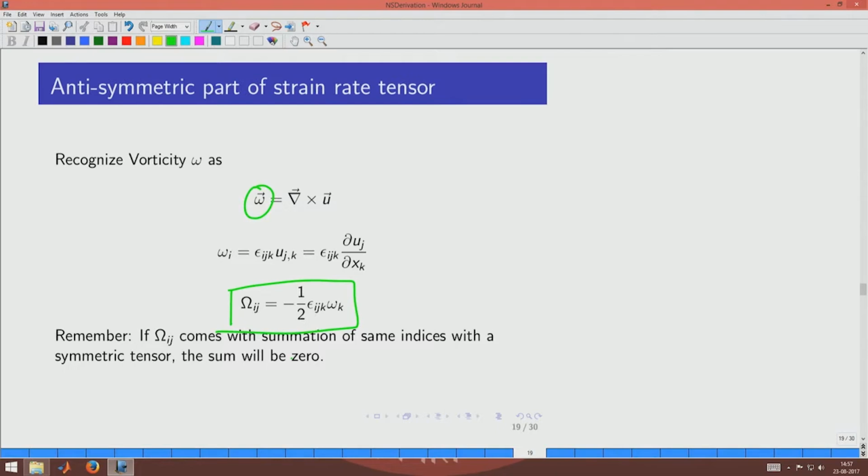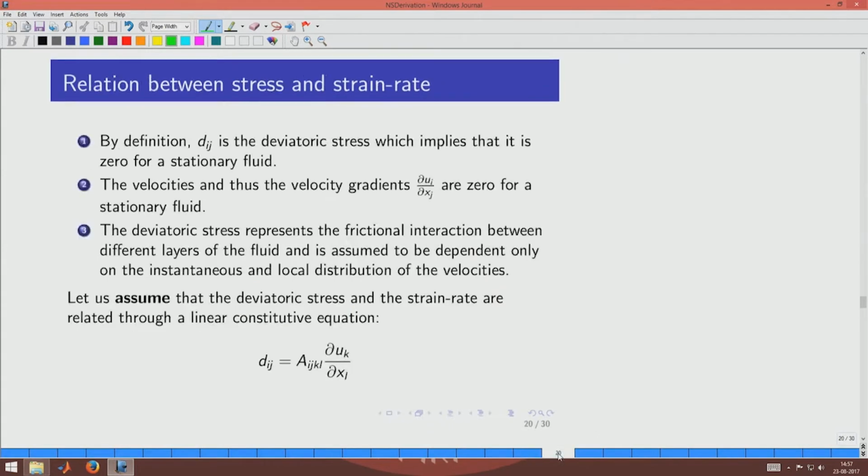So, they can also be called the duals. Okay. So, we see that it is an antisymmetric component of the strain rate tensor. And the reason why we want to do it is also because whenever it comes in summation, we know that a symmetric and antisymmetric tensor coming in summation will give 0. So, that is why we are separating the strain rate tensor into 2 components. Okay. So, let us do that.